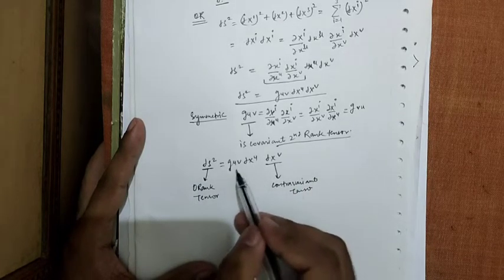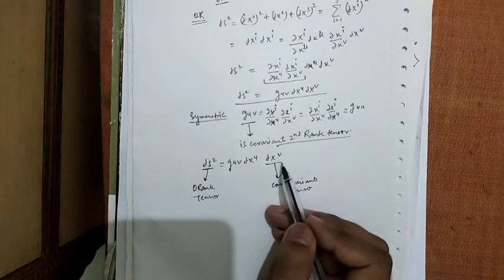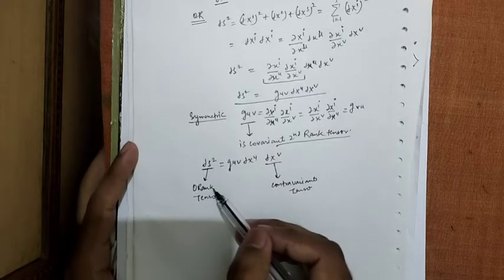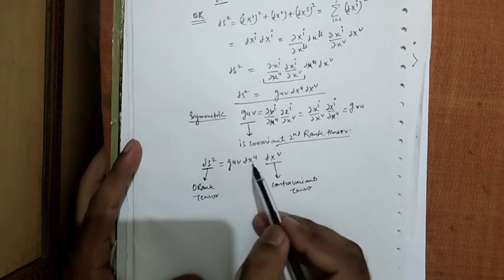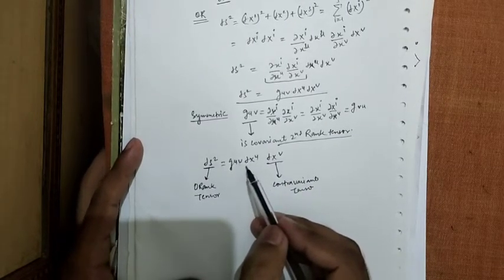When a quantity multiplied by an arbitrary tensor gives us a zero rank tensor, that quantity must be a tensor also.